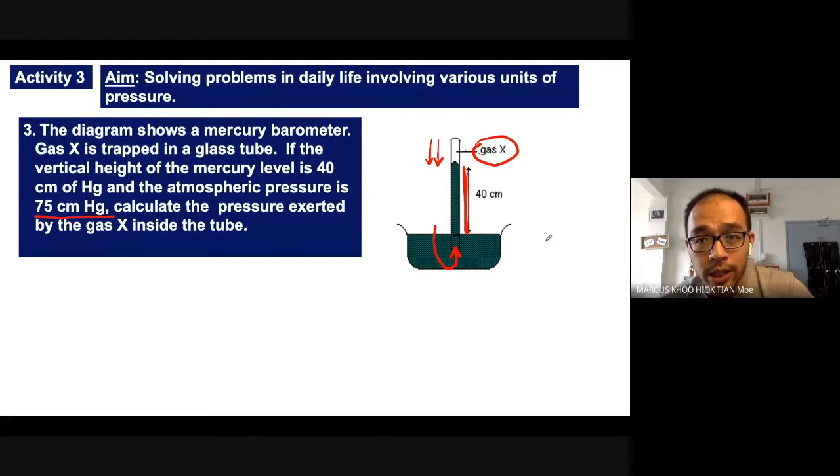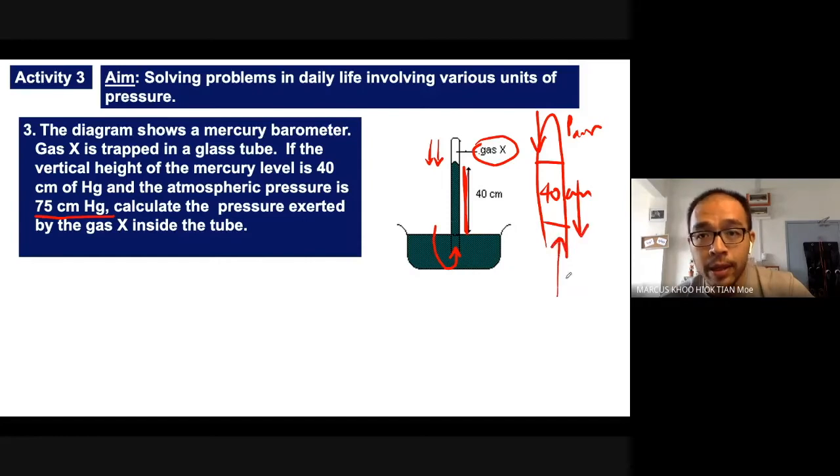This situation and the one that we saw just now, so let's say this is 40 centimeters. The pressure of air is pushing downwards. This 40 centimeters of mercury is also going to push downwards against the atmospheric pressure, 75 centimeters of mercury. Can you form the equation based on this situation?